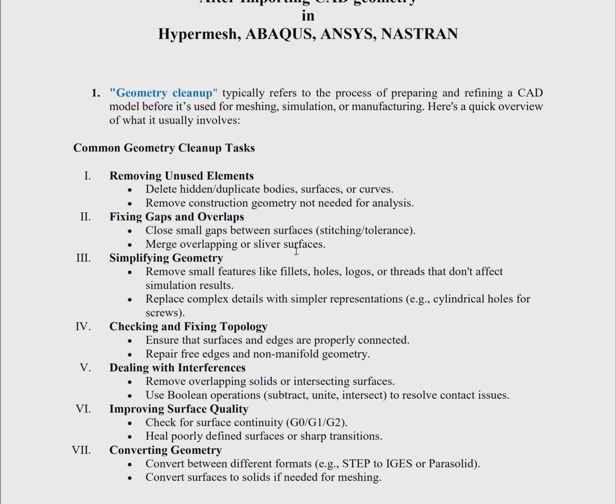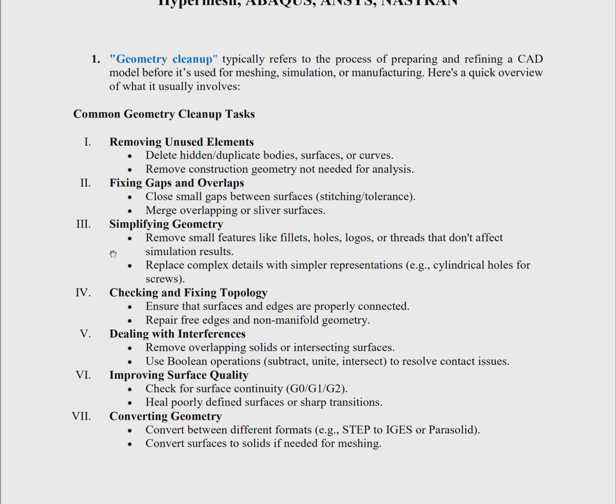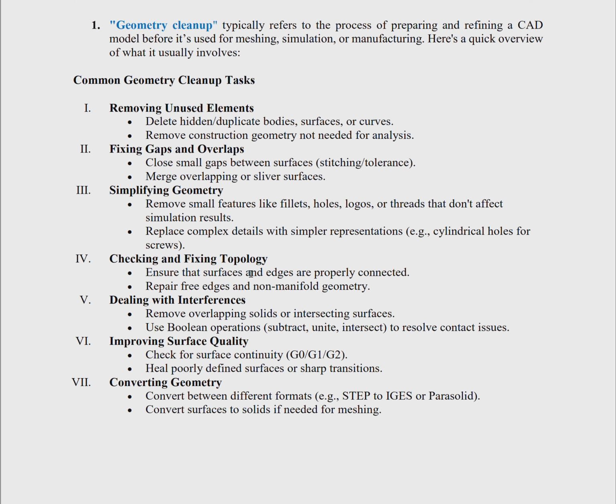Merge overlapping or sliver surfaces. Third one is simplifying geometries. Remove small features like fillets, holes, logos, or threads that do not affect simulation results. Second point is replace complex details with simpler representations.